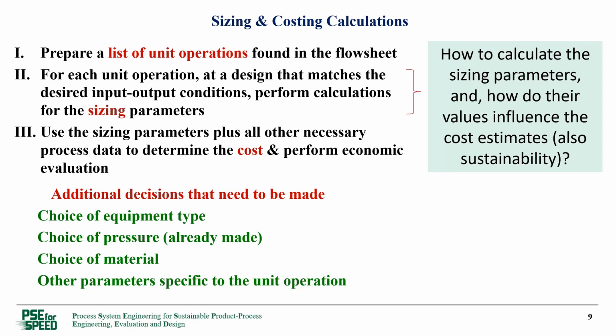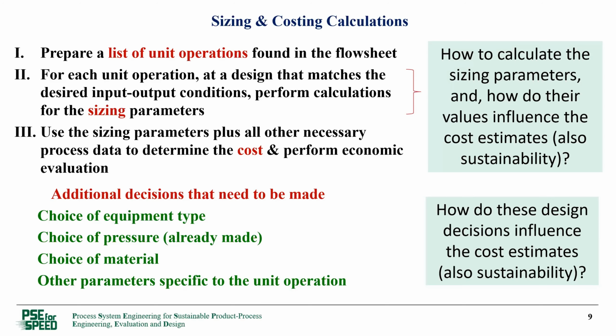We will also see how to make the decisions on material selection, equipment type selection, and other parameters, and how do these affect the cost and sustainability. For example, the cost of material, if it is going to be steel, is it going to be carbon steel, or is it going to be stainless steel, or is it going to be platinum?